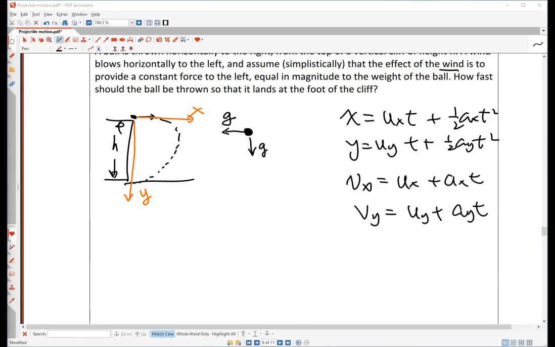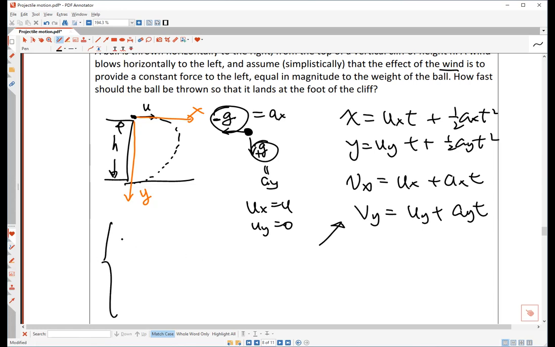In this case, this acceleration you need to take to be negative because it's opposite to the x-axis. This acceleration take to be positive. So this is the ay, and this is the ax. Because the initial velocity is horizontal, ux equals u and uy equals 0. Then we substitute in these equations and we can get these formulas.